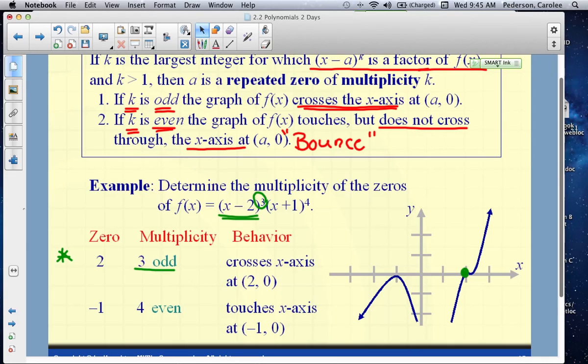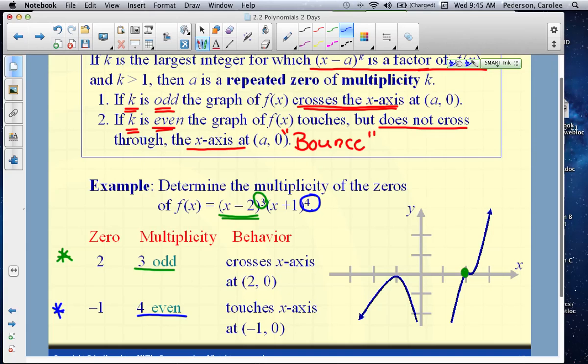Change colors here. Then we have another repeated 0. If I solve that for x, I get -1. The exponent for k in this function is even. It touches the x-axis but doesn't go through it.